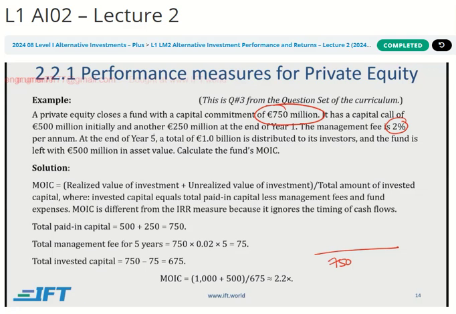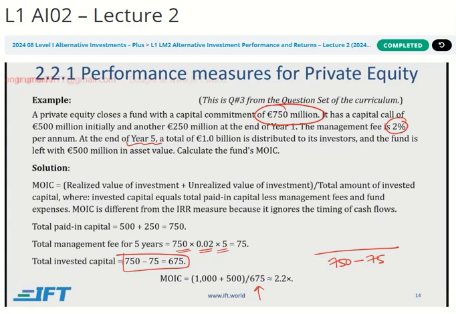And it is going to be for 5 years, because we're going to look at the return at the end of the 5th year. So 2% multiplied with the invested amount multiplied with your number of years gives you 75. So you just minus that 75 from the original investment amount and you get 675. So that's why in the denominator we have 675.